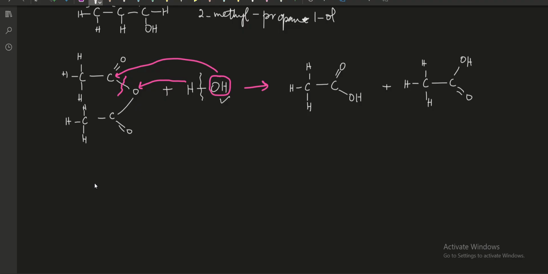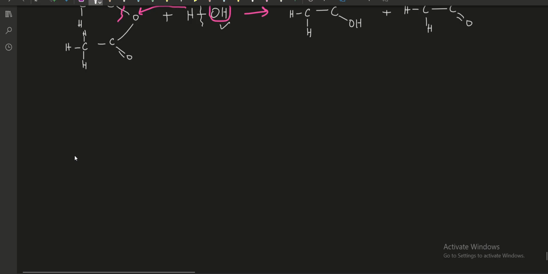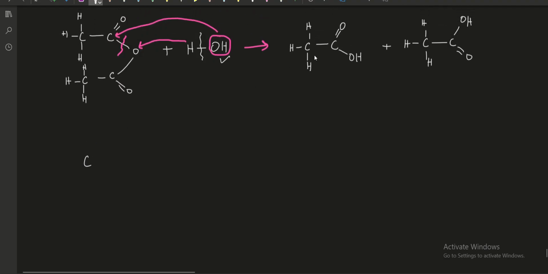Now when this carboxylic acid reacts with ethanol, it has two carbons, so it is ethanoic acid. So you have to write the ethanoic acid reacting with alcohol, which is ethanol.